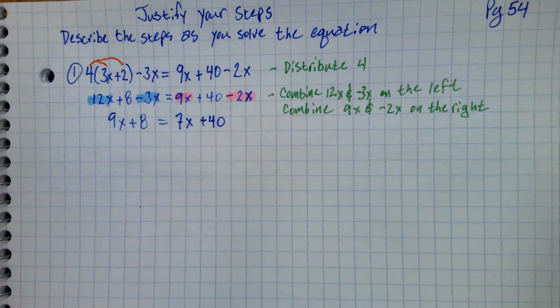All right. So we combine on both sides. Let's concentrate on the next step. Think about what we're going to do here. This is something we haven't really done much other than we started doing this on Friday.